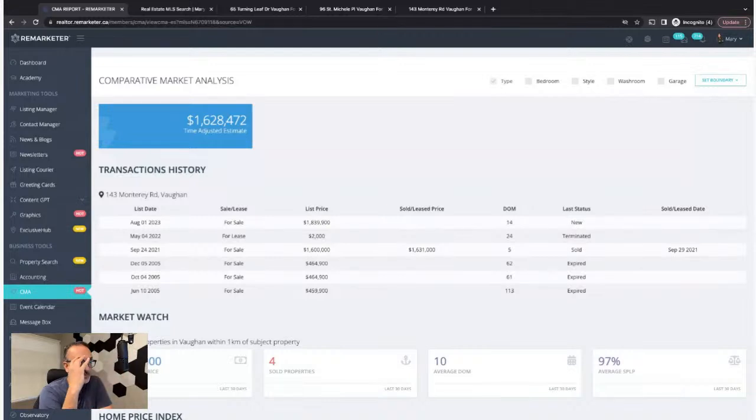I've talked to many people who have really been misusing this price. It's not a suggested purchase price. It's not a suggested listing price. It's a time adjusted price. So you need to understand what this is and consider that, because this might be off depending on the status of the market, depending on the status of the property.